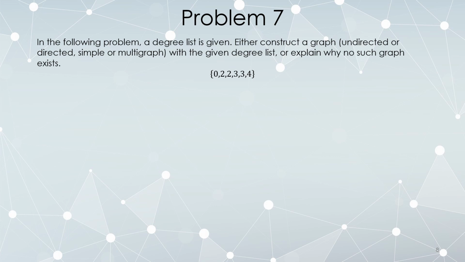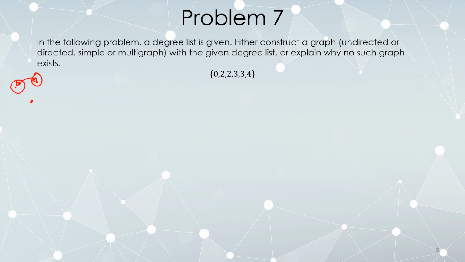Okay, here's a given degree list. Either construct a graph of whatever form you want with the given degree list, or explain why it cannot be done. Honestly, the only thing we have to check in any graph is this: when you have 2 vertices and you draw an edge connecting them, it contributes a +1 to the degree of this vertex and a +1 to the degree of this vertex because you have a single edge connecting each one.